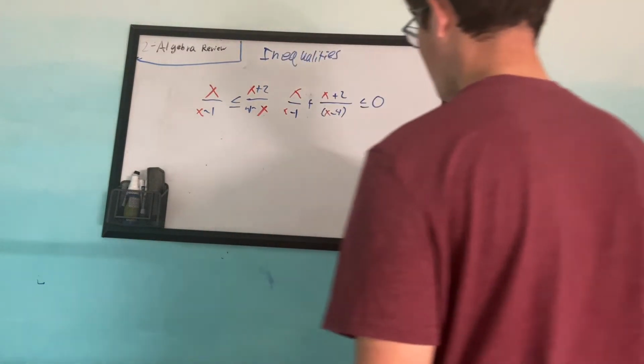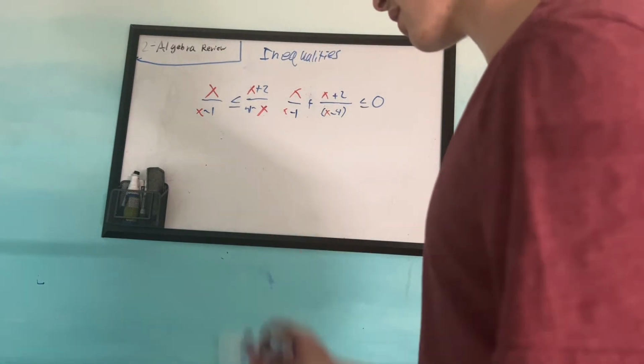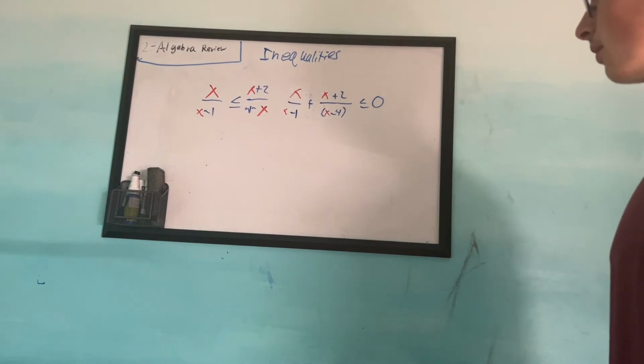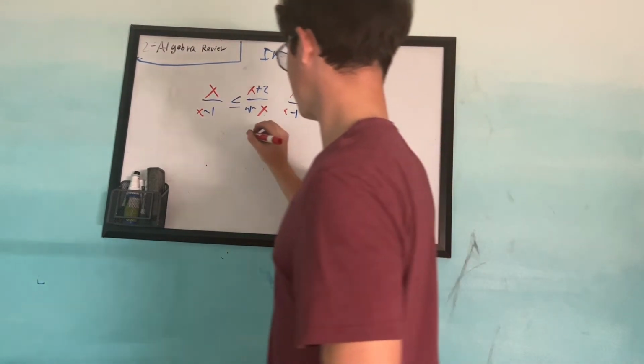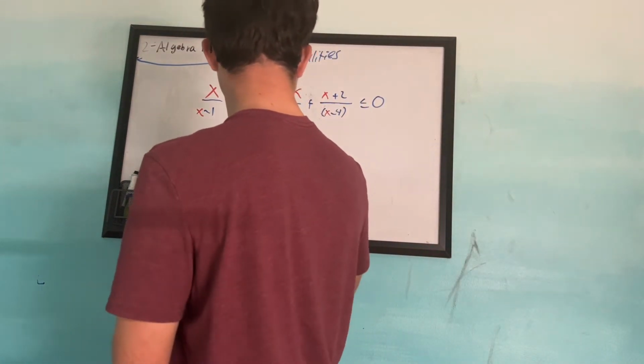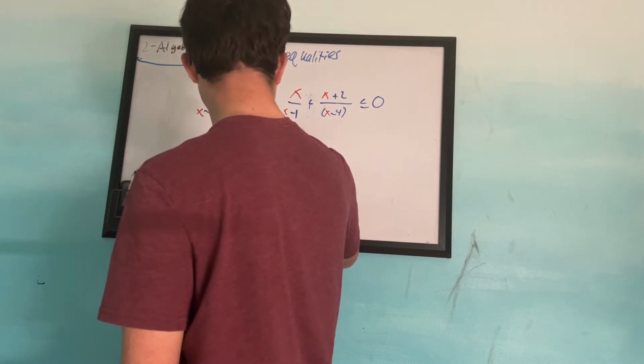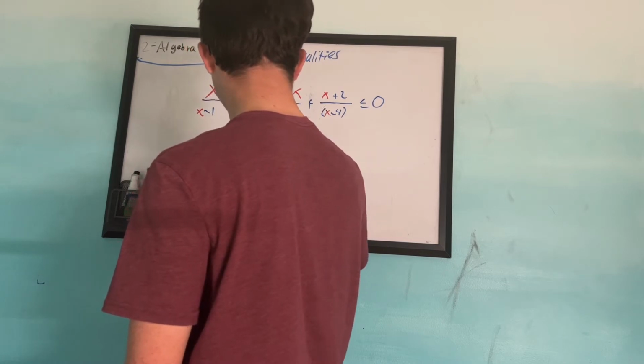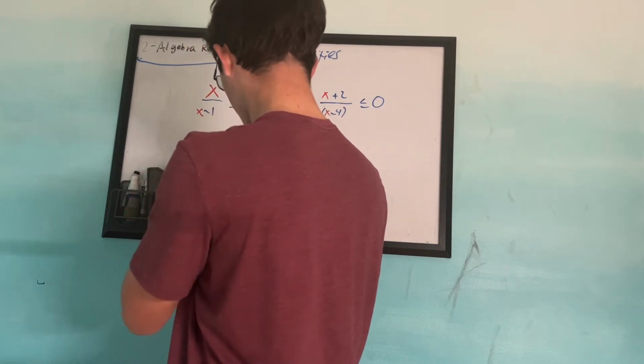Now this is much easier to work with because I got rid of a negative and I got rid of a minus sign. Then with this separation, we can do just multiplying the numerator and denominator out.